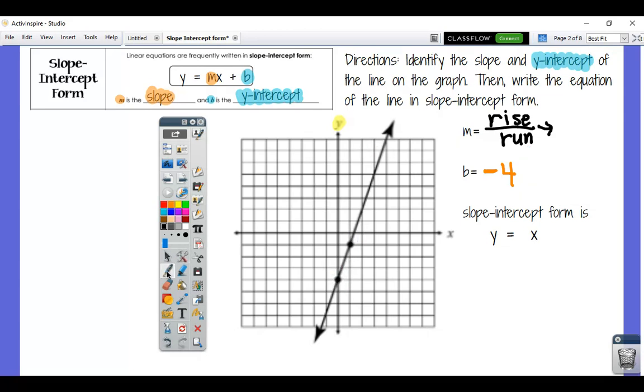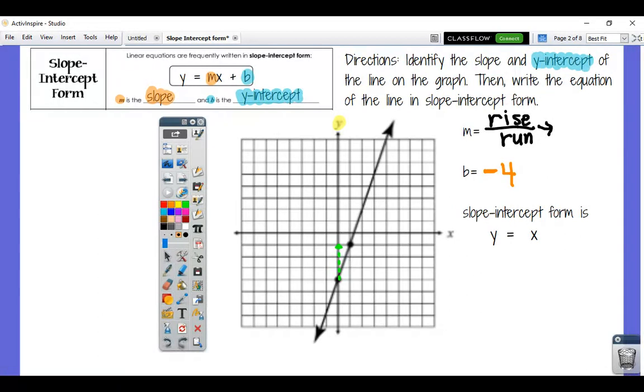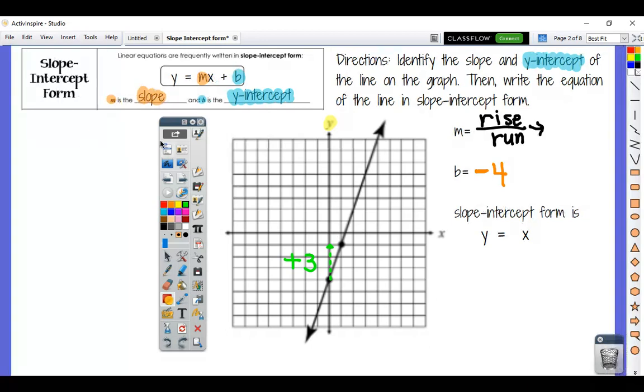So obviously, it looks like I'm going to have to go up. So if I'm going up, how many times? 1, 2, 3. I went up, meaning positive. How many times did I go up? 3.